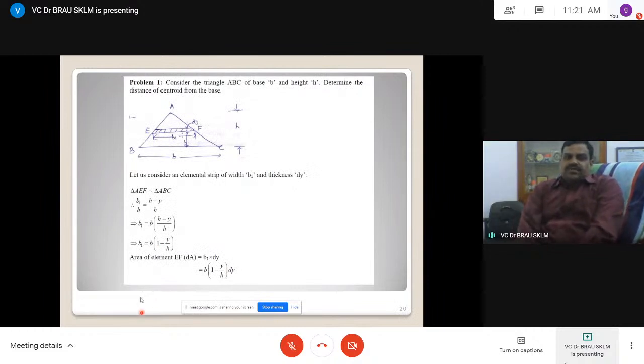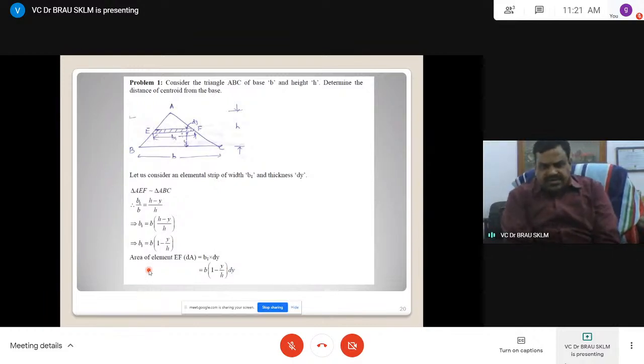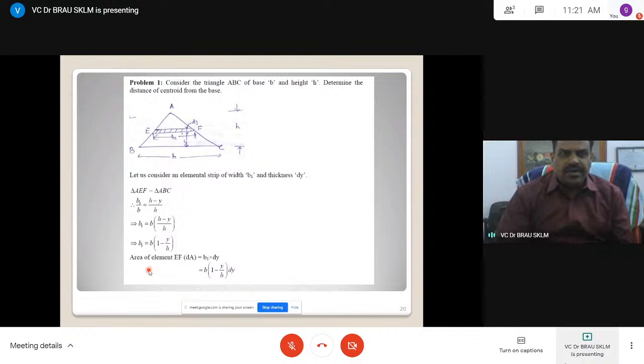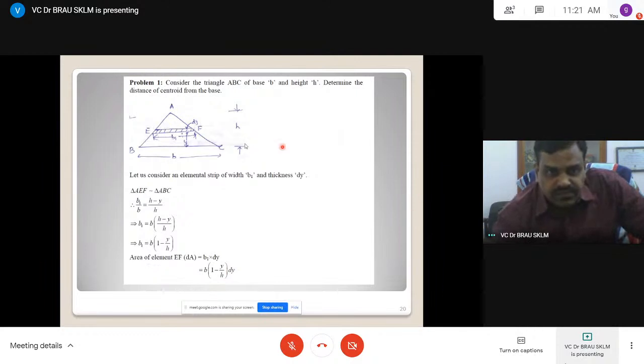Now let us see the simple triangular shape. How to determine the centroid. Construct a triangle ABC of base B and height h. Determine the distance of the centroid from the base. Here what we have to do: ABC is one triangle, AEF is another triangle, both are similar triangles.